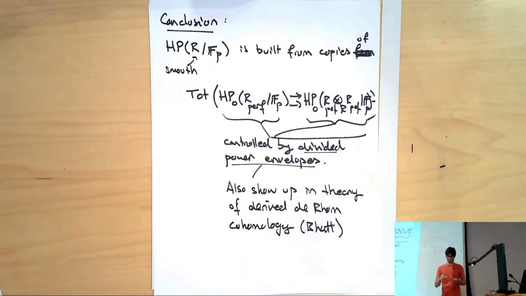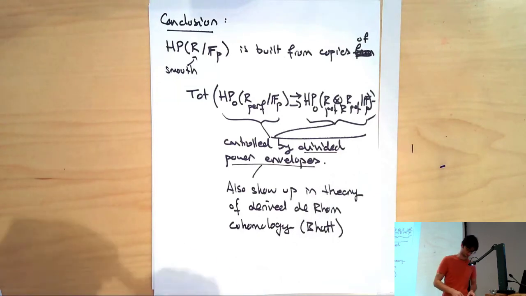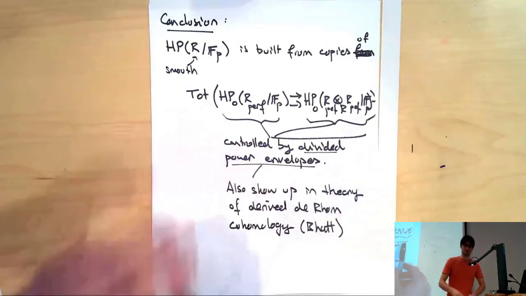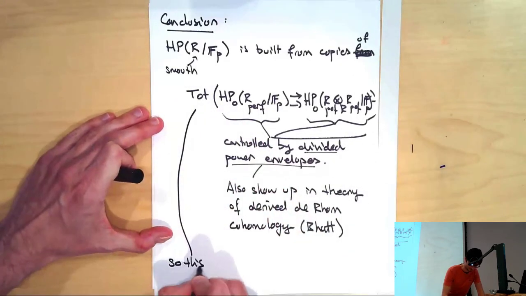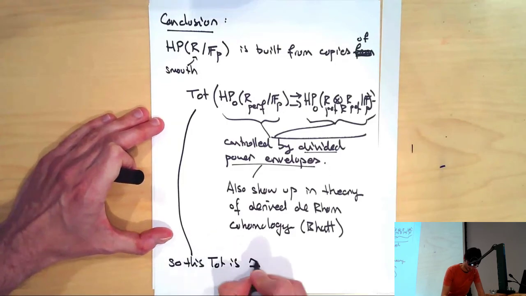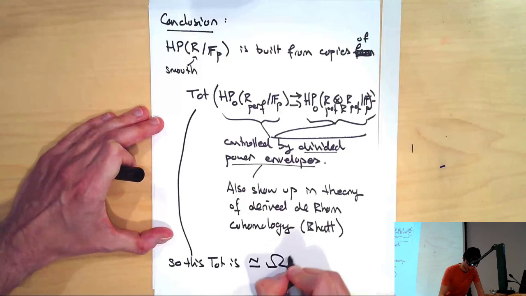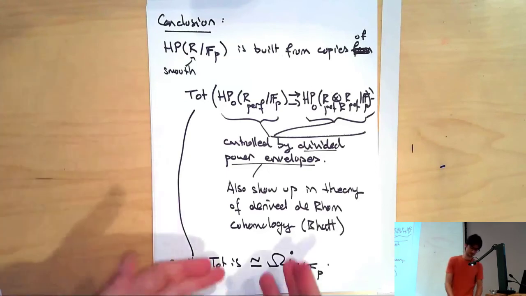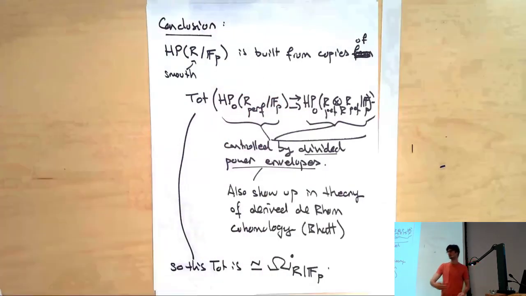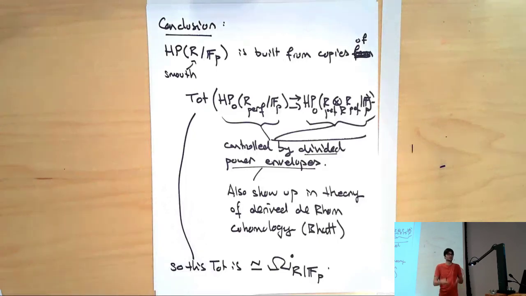And it then follows formally from another descent argument that the totalization of this complex is exactly producing for you a copy of the de Rham complex of R over Fp. And that's the essential way in which copies of the de Rham complex of this smooth algebra show up by passage through these quasi-regular semi-perfect rings where you compute everything on the nose as abelian groups or as filtered rings.